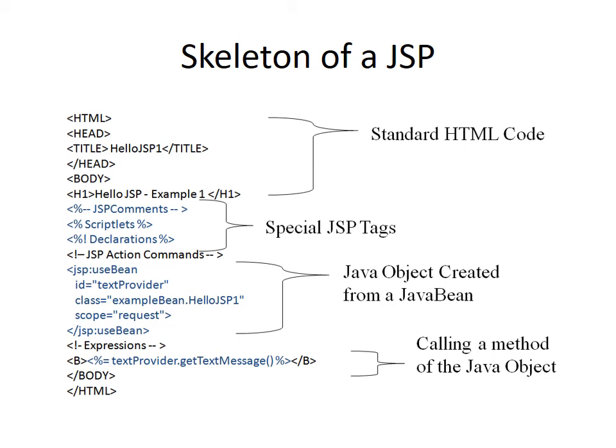For directive tags, I have the angle bracket, % and the @ symbol. Whereas for action tags, I have the jsp keyword. For basic tags, I have the angle bracket, %, and ending naturally with % and angle bracket. Here, how do we end?